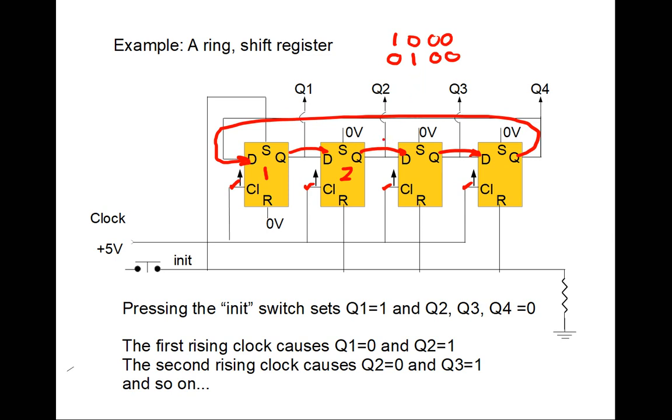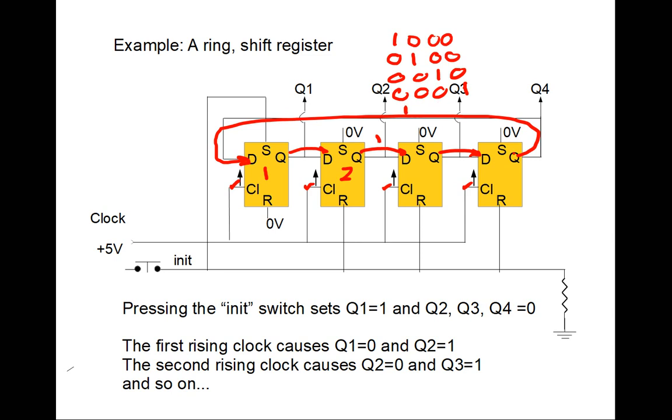If we now look at it again, this now had the 1 in it. So now the 1 goes over to the third position. The 0 from the third position goes to the fourth position. The fourth position moves the 0 over to the first position. So we have 0, 0, 1, 0 and 0, 0, 0, 1. What happens after 0, 0, 0, 1?